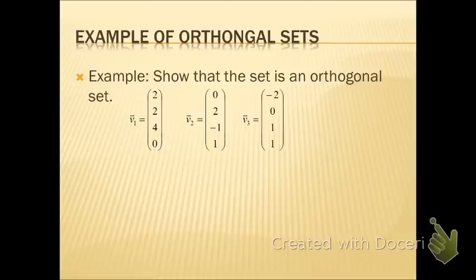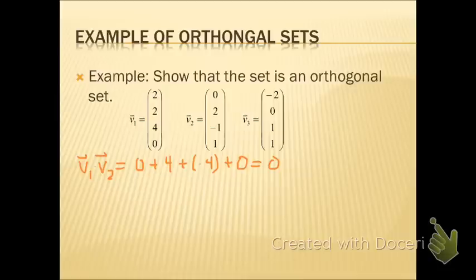Now let's look at an example that's not so intuitive, like our three-dimensional space with x1, x2, and x3. If we have 3 vectors, v1, v2, and v3, how can we show that this set is orthogonal? We first start off by finding the dot product of v1 and v2, and we see that we'll have 0 plus 4 plus negative 4 plus 0, which clearly gives us 0.